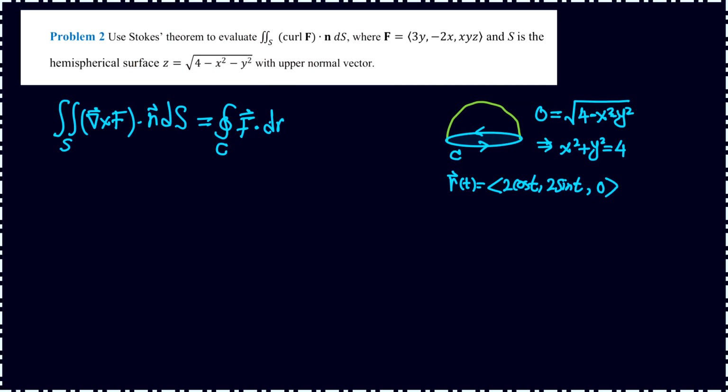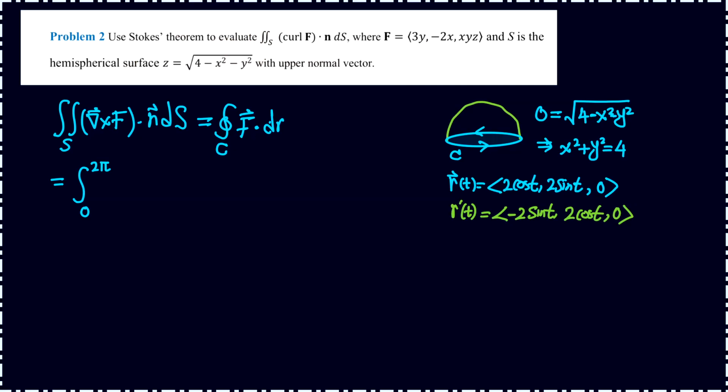And again, while we are at it, we can calculate r prime. Okay, and then we can now go ahead and evaluate this line integral going from 0 to 2 pi for the full circle.